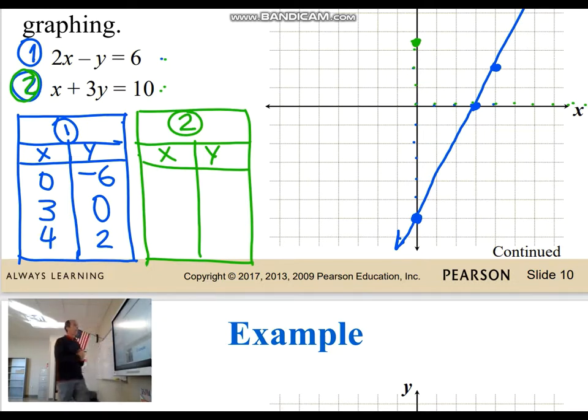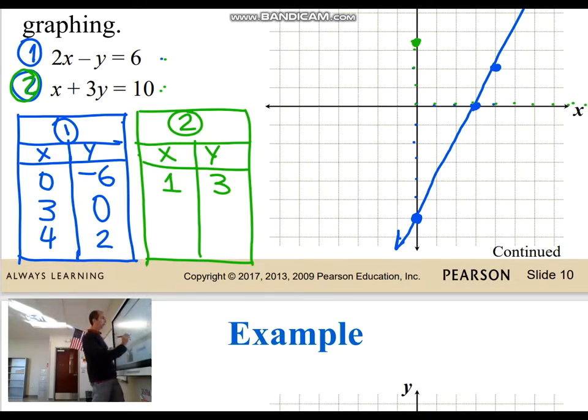Let's say x equals 1, and then we have 3y equals 9, y equals 3. Let's say now x equals, and I try to guess numbers so that we find y as an integer, so I'm going to guess x equals 4.